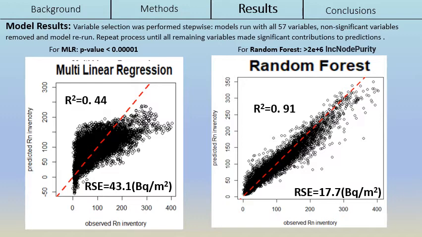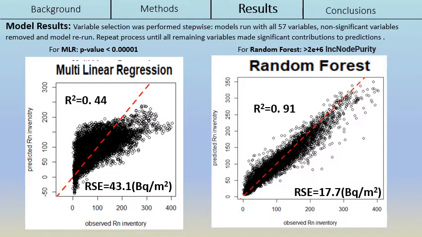The models were run with every variable included at first, then one by one the least significant variable was removed and the process repeated until everything had reached the threshold, and each made a highly significant contribution to the prediction. For the multilinear regression, this threshold was a p-value of under 1 × 10 to the -5th. And since the random forest doesn't use p-values but rather node purity, which represents the variable importance, I chose greater than 2 million as the cutoff for this model.